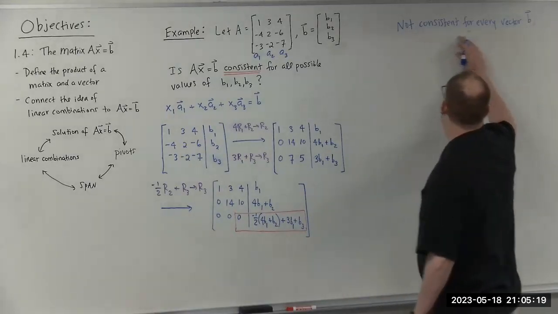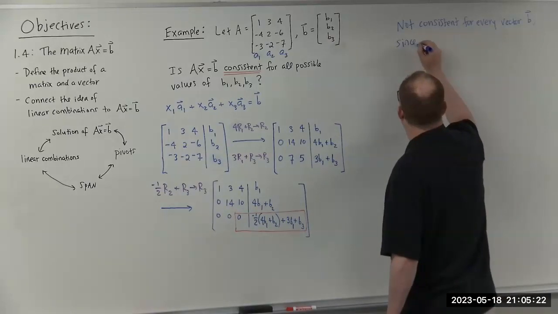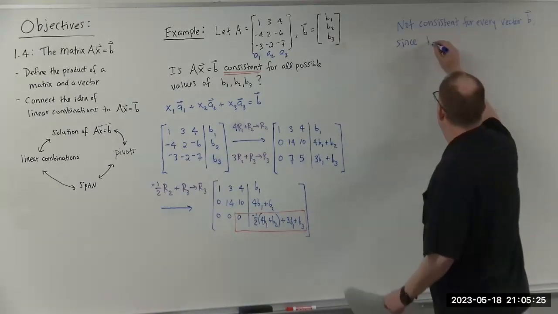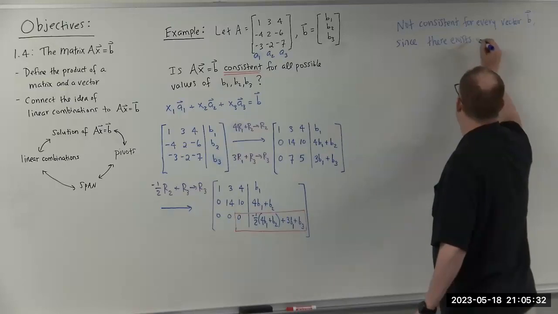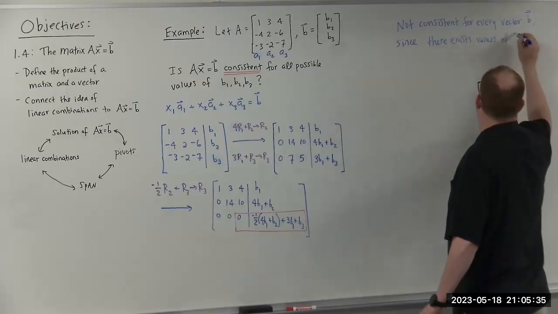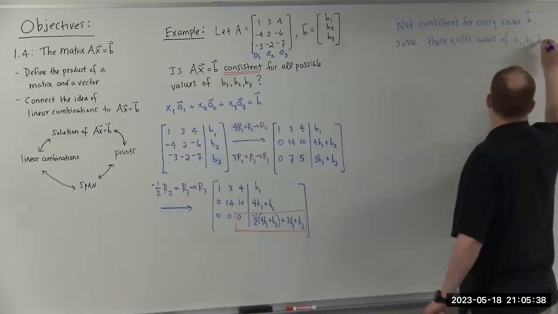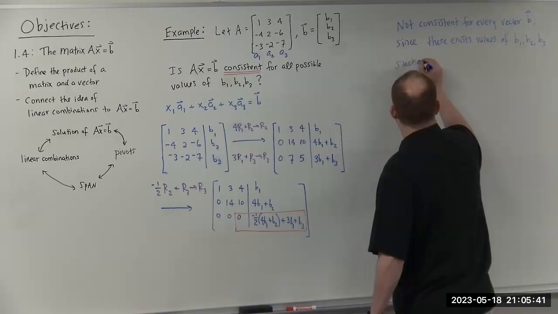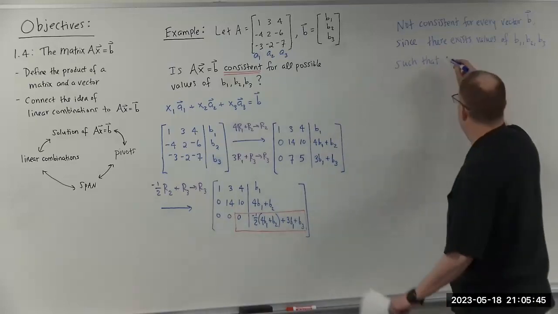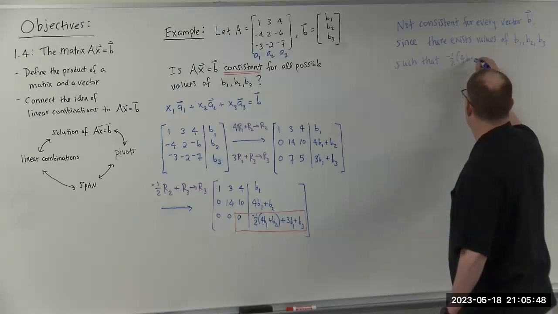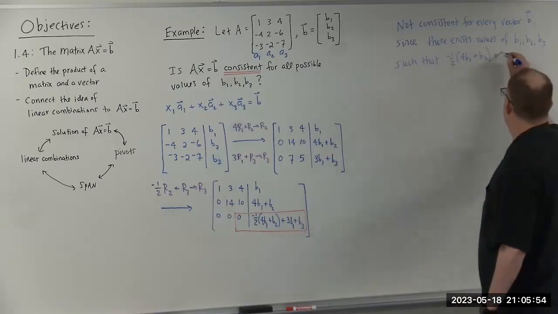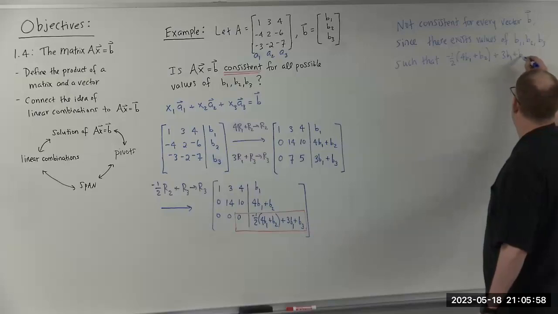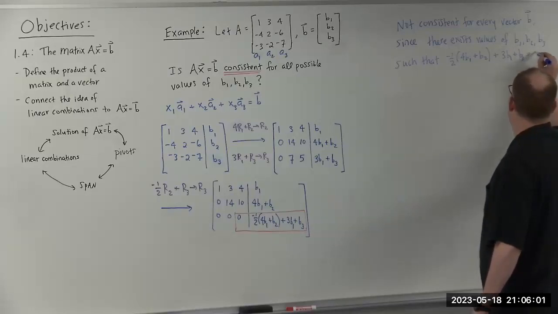Why is that? It's not consistent for every vector B since there exist B1, B2, and B3 such that minus 1/2 of 4 times B1 plus B2 plus 3 times B1 plus B3 is not equal to 0.